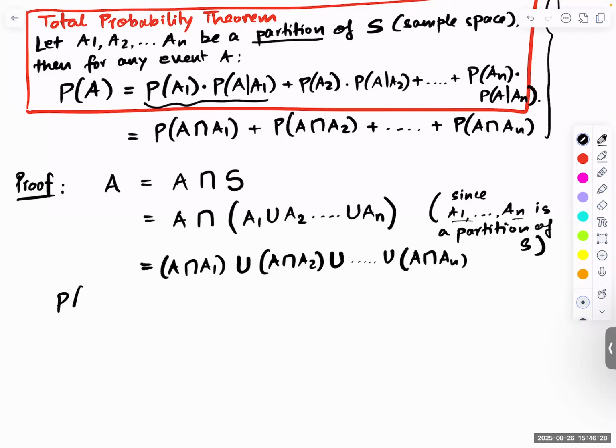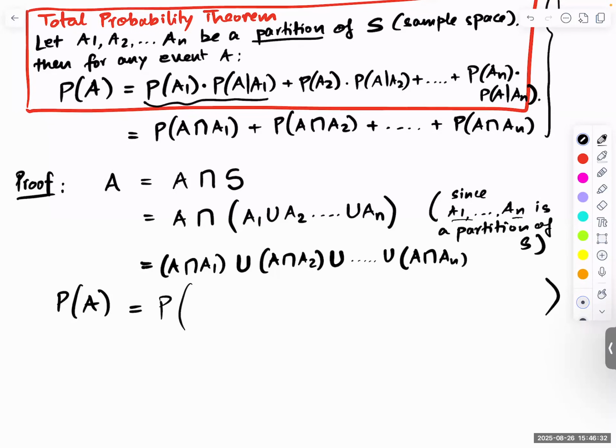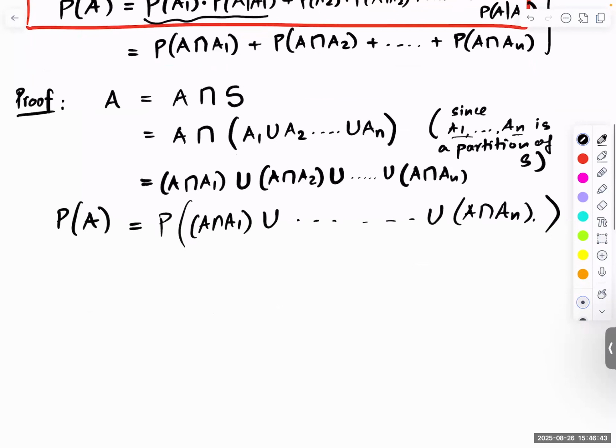Now, when we take the probability, the probability of A will be the probability of this bunch of things: A intersection A1 union ... A intersection A sub n. Now, let's think about these. These are some events. They are mutually exclusive. All of these are mutually exclusive.